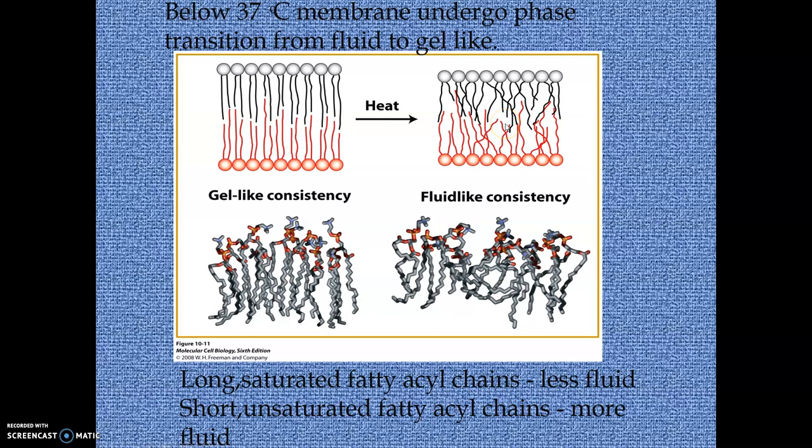Once again, the tails of individual phospholipid molecules are attracted to one another when they line up close together here, and this causes the membrane to become less fluid because aligned molecules must pull apart from one another before they can move about in the membrane.